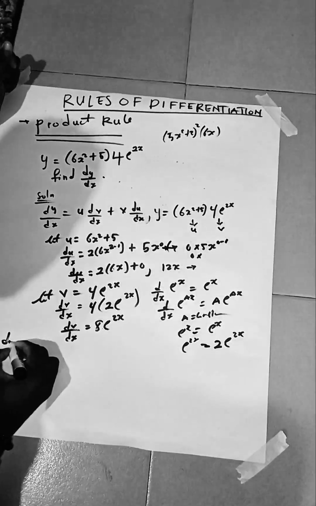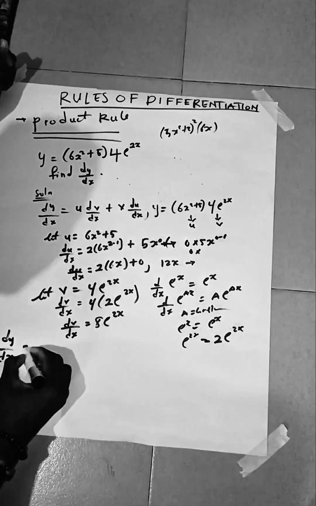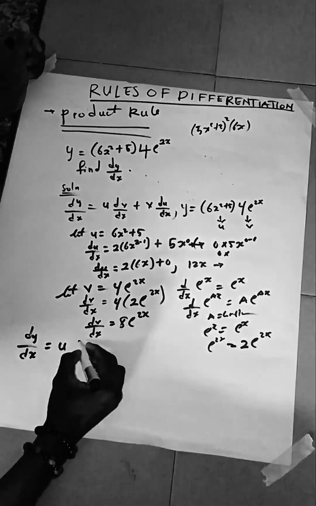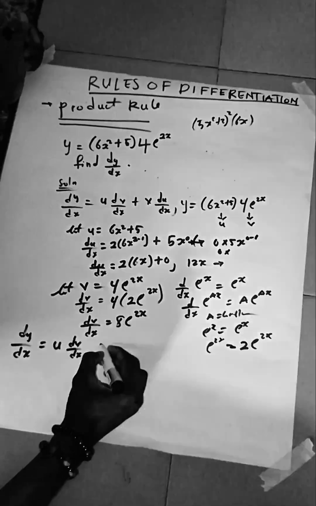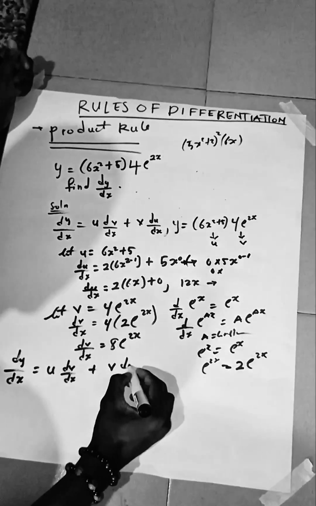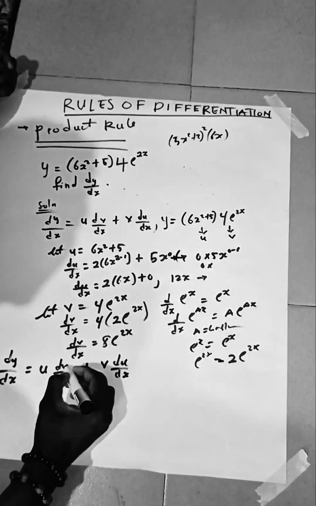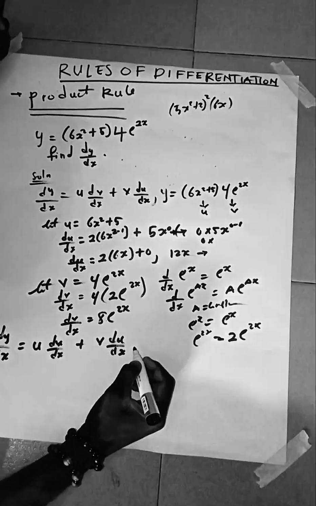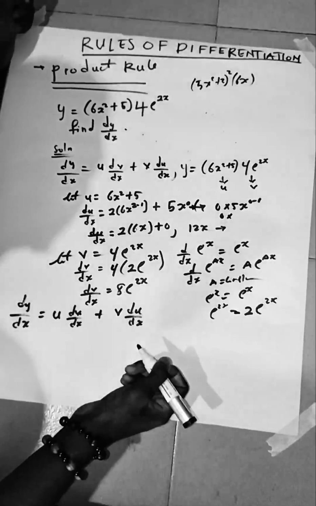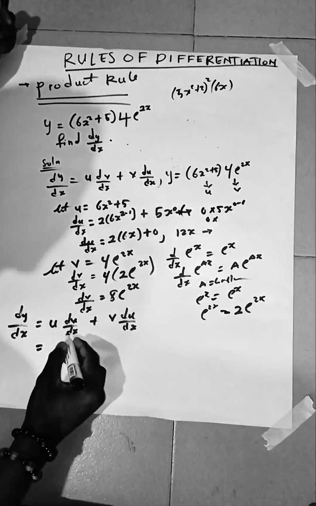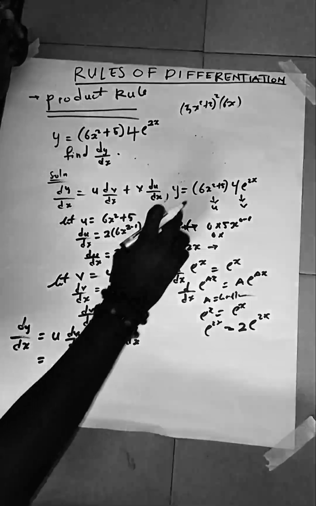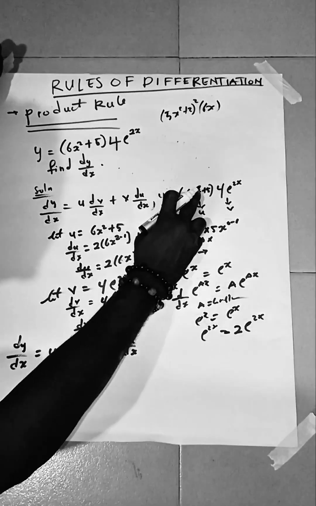So we can just plug that back into the formula. Our dy by dx is equal to, remember, u dv by dx plus v du by dx, where dv by dx and du by dx are the derivatives of the functions v and u respectively. So our dy by dx is equal to what? Remember we said let u equal 6x squared plus 5.